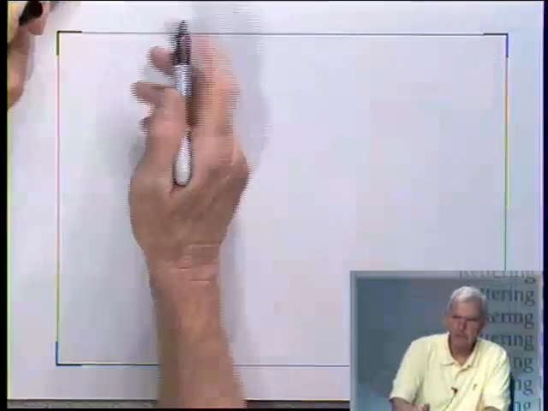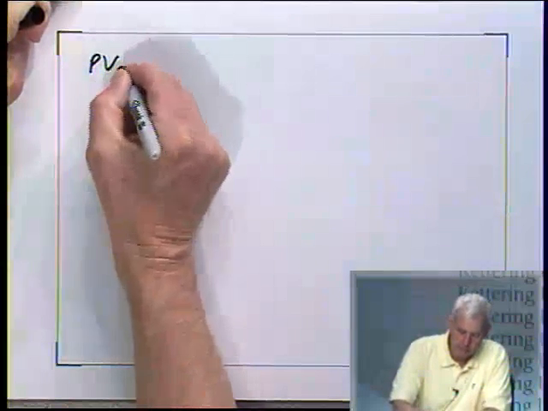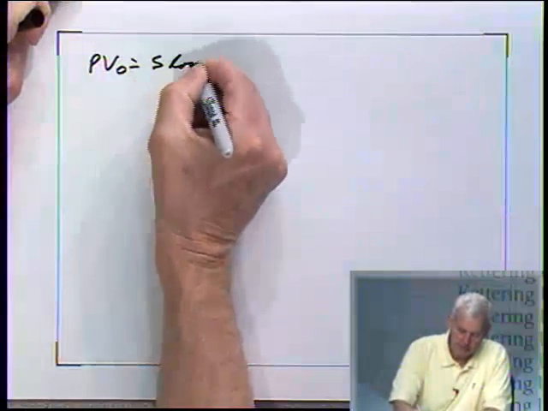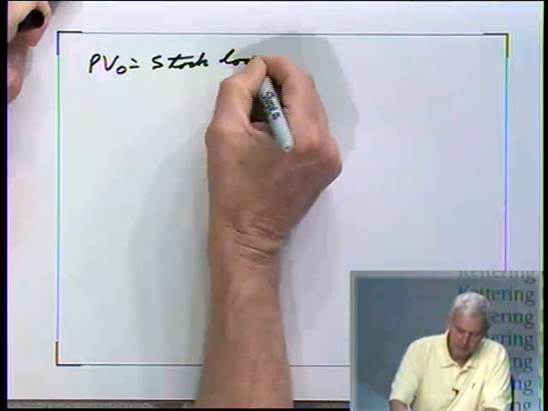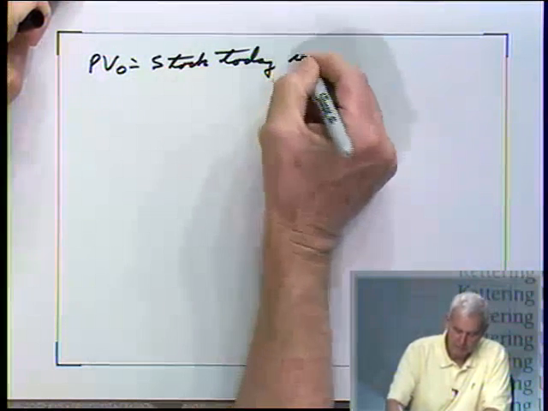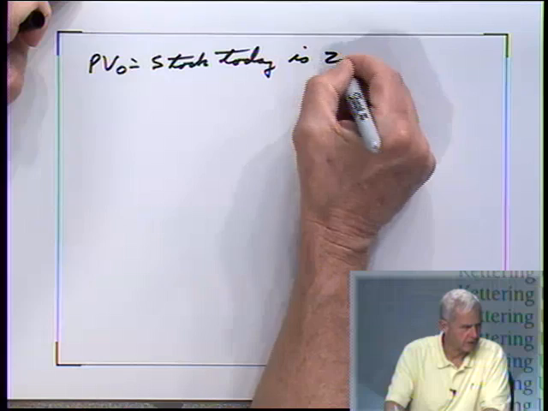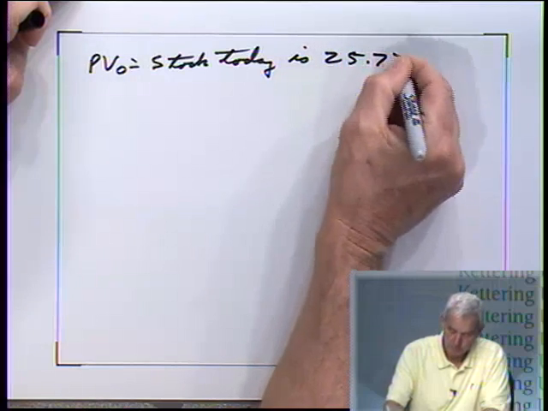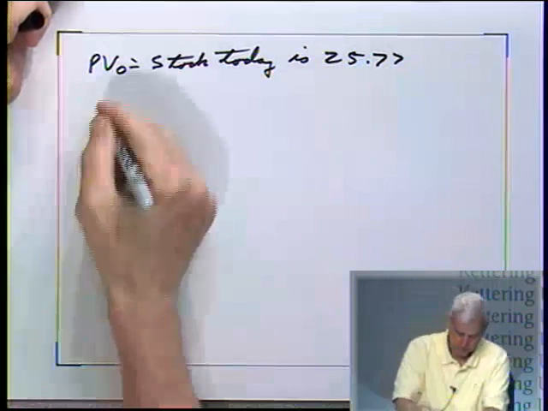Now, it doesn't ask for it here right now, but this is the value of the stock today. So let me go to the overhead. PV0, stock today, is, what do we say, $25.77? Let me ask a question.